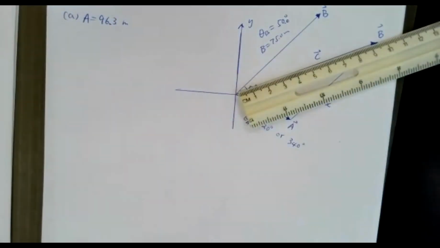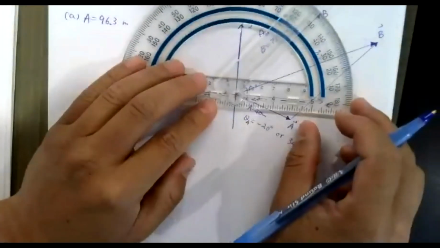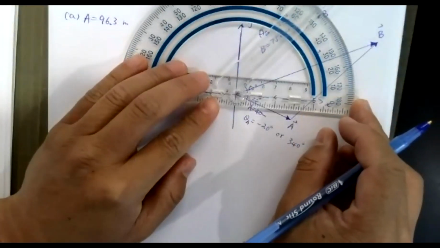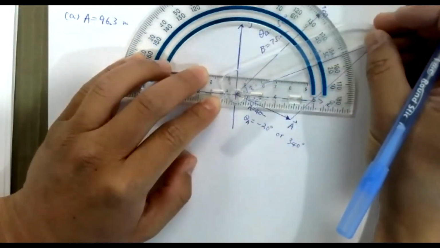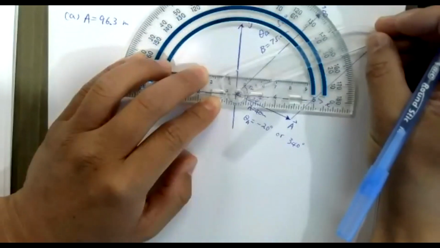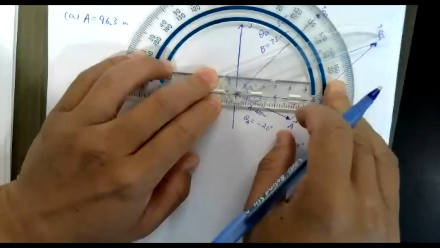That's how I read from my scale, because each 1 centimeter is 10 meters, right? Now I can use my protractor to read the angle of this resultant vector. Okay, so this is roughly 26 degrees. Okay, it says about 26.